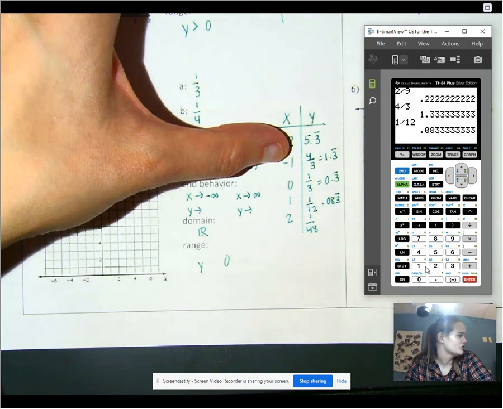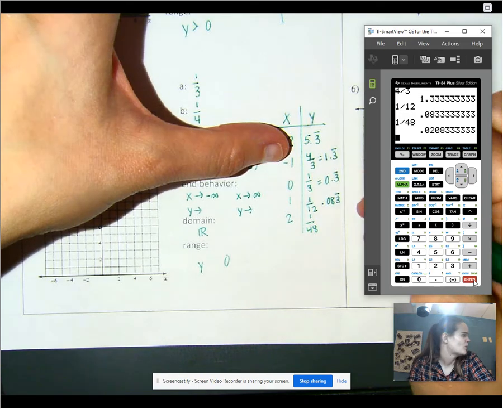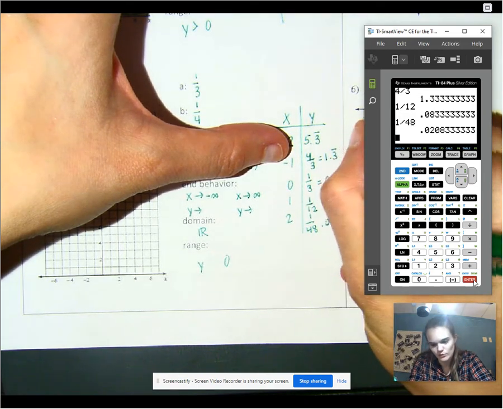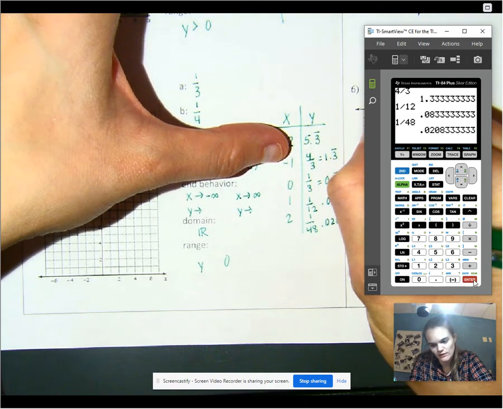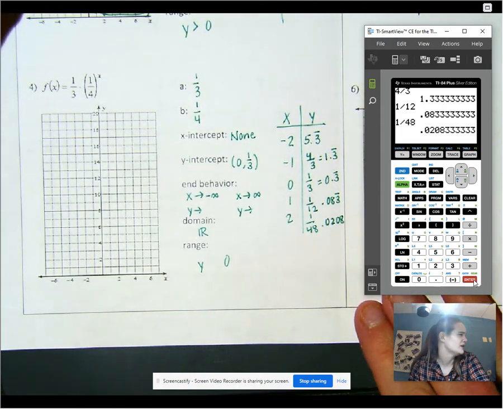And 1/48. These are just really close to 0 is what these are. 0.0208. Okay, so let's graph these.